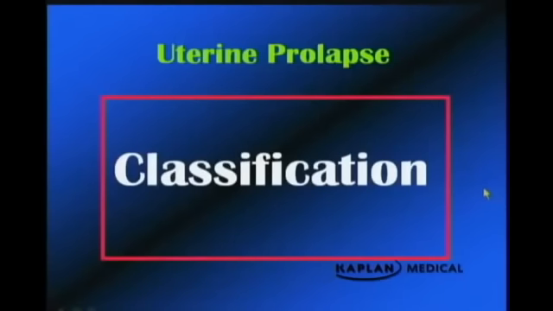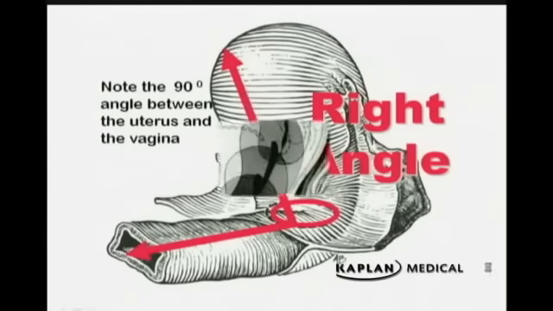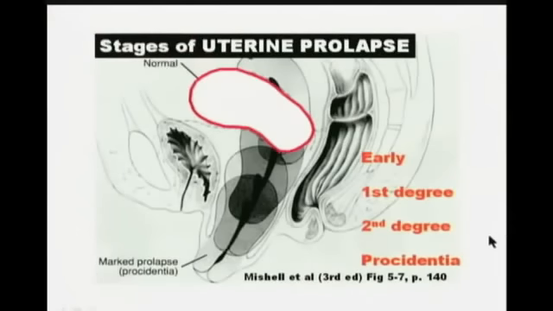Classification of uterine prolapse. I want you to notice the usual right angle relationship between the uterus and the vagina. This is a normal, healthy relationship. Notice, as you start to get uterine prolapse, this is the normal angle, which is a 90-degree angle.